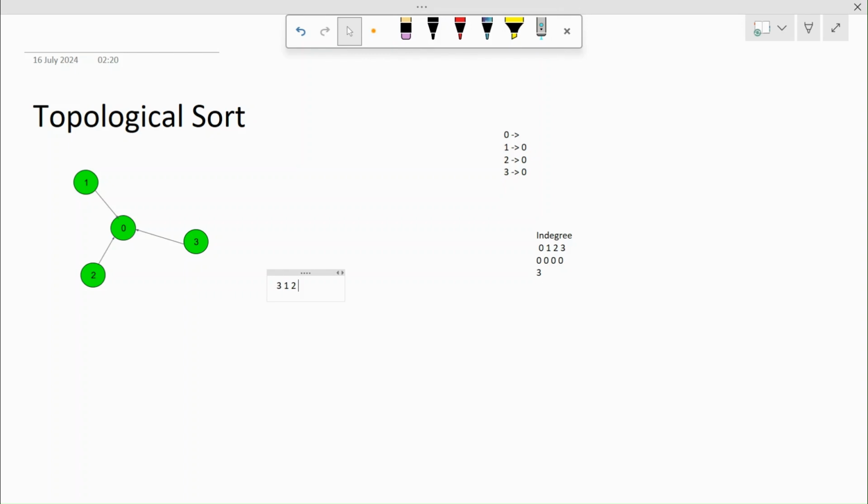But the point to be noted is that 0 cannot come in between. First we will complete those tasks which have no dependency, and we will remove them. If 1, 2 and 3 are completed and removed, then 0 will be left with no dependency. Then 0 will have 0 in degree, right?